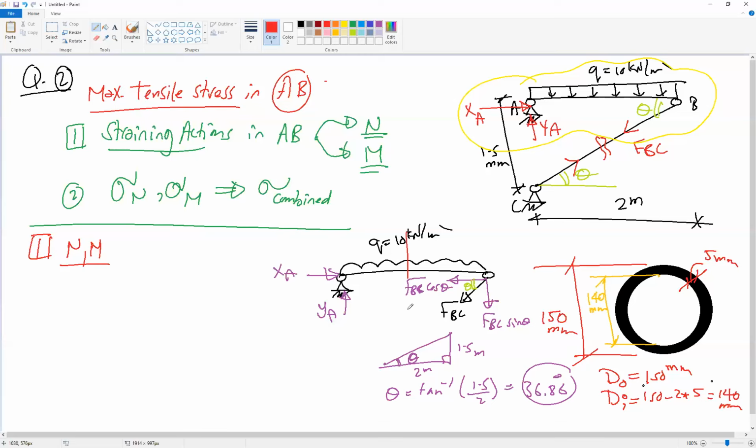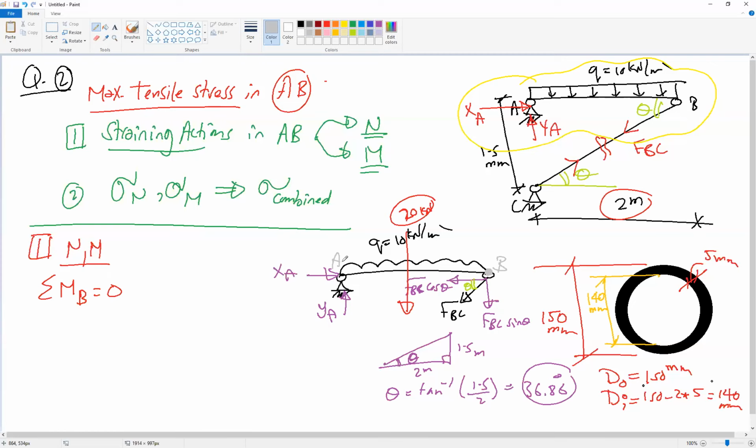Okay, so now we can find the reactions. Before we find the reaction, we need to concentrate the uniform load. This is 2 meters, so 10 by 2 will be 20. Now to find the reaction, we need to apply summation M at A equal to 0, or I will start with summation M at B equal to 0.